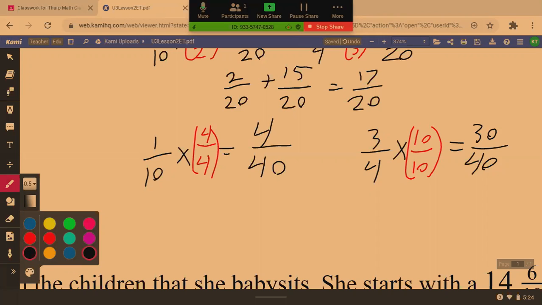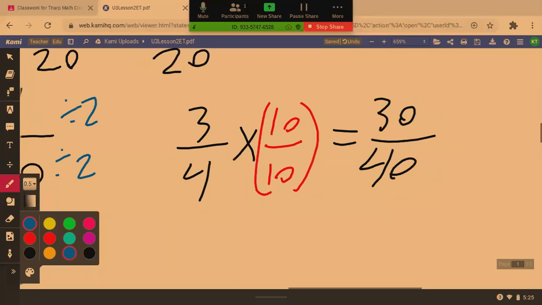So now we simplify. I can divide both the top and bottom by 2, and that would give me 2/20. Can I divide both by 2 again? Yeah, I can divide 30 over 40 by 2, and that gives 15 over 20.